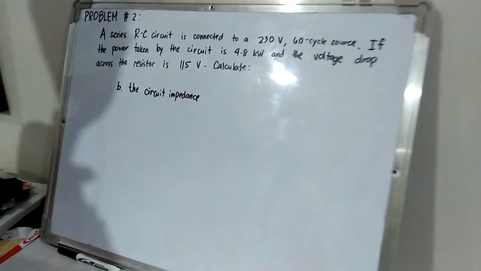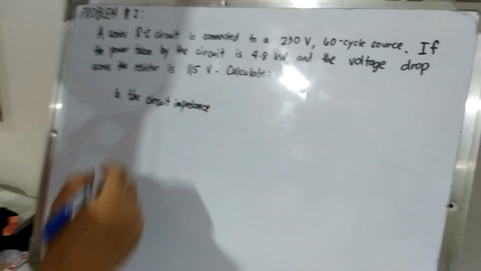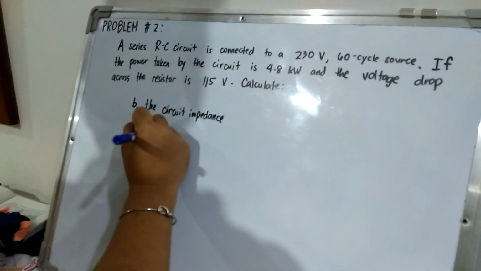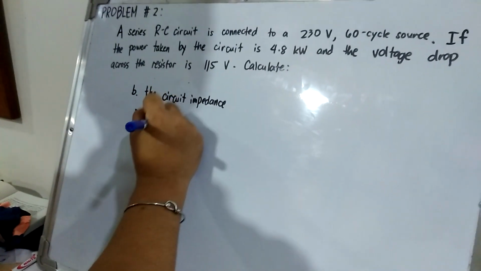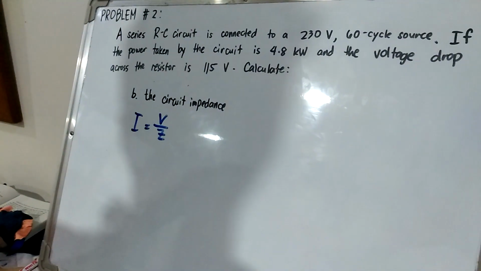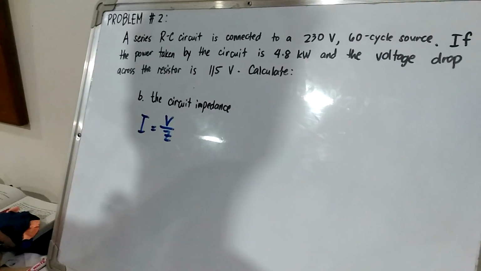Now calculate the circuit impedance. This time, I will use the formula I is equal to V over Z, where we need to find the impedance.